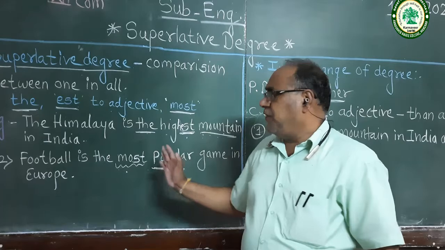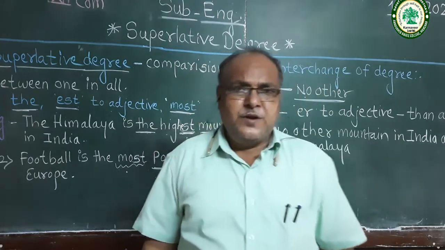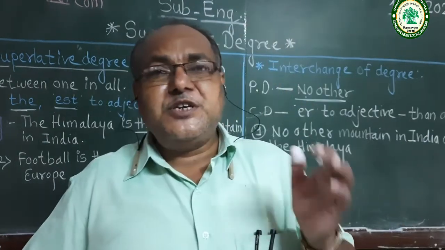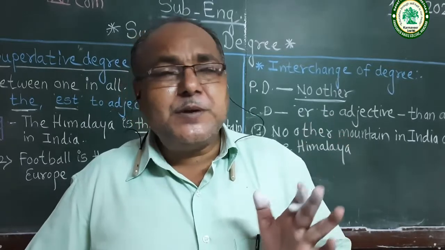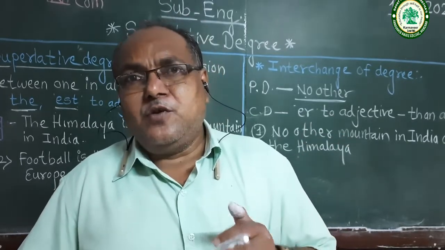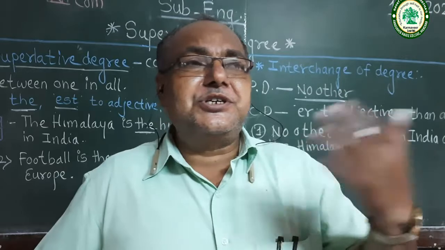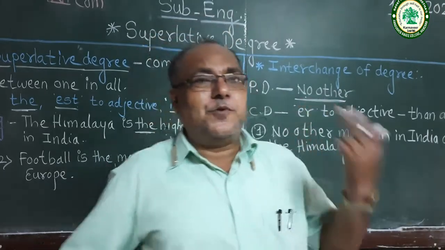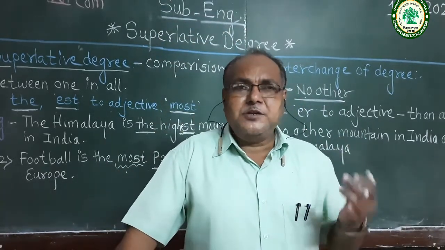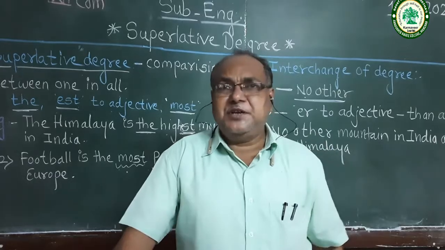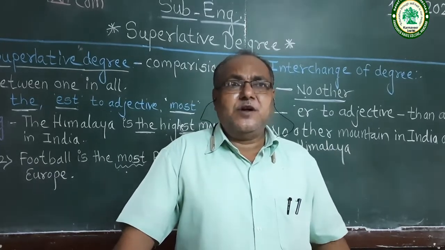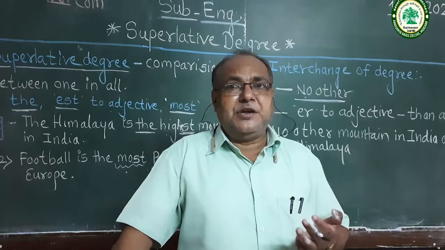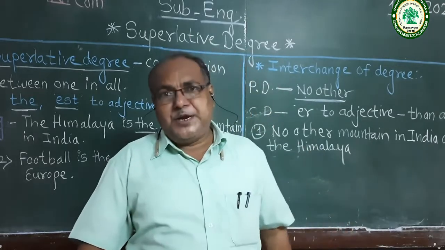Football is the most popular game in Europe. After studying the features of superlative degree, we are going to discuss how we can interchange superlative degree into positive degree form and superlative degree into comparative degree form. And there is one more sub rule of superlative degree while transforming into positive and comparative degree form.